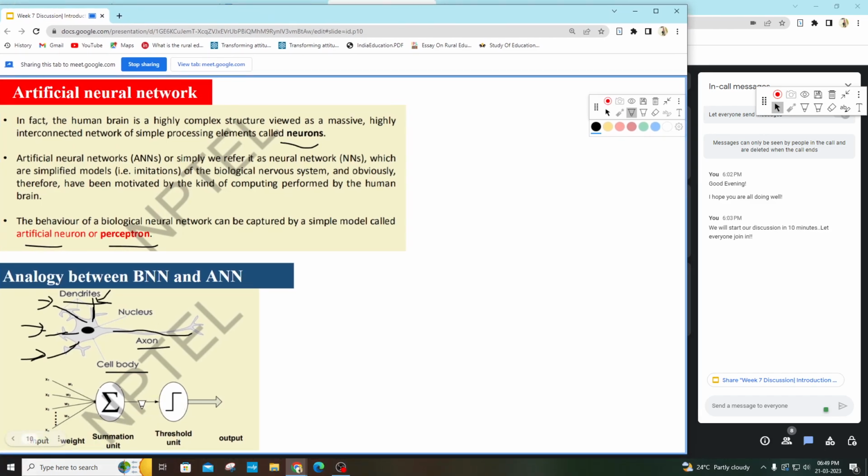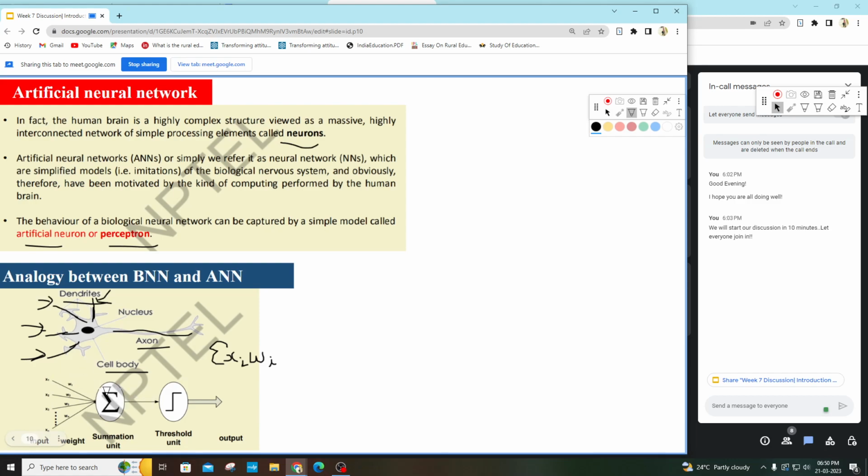After this information is summed, here what happens is we do sigma xi wi.